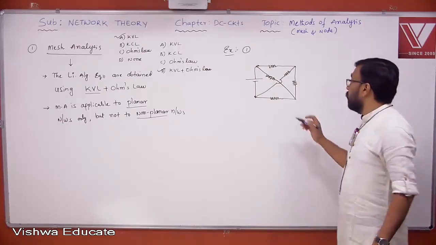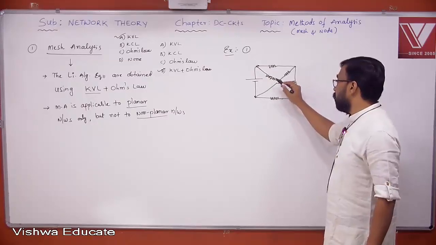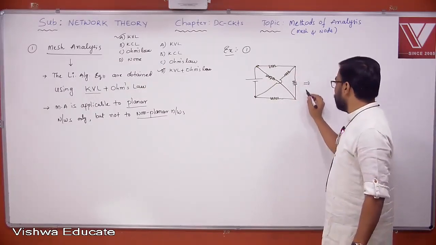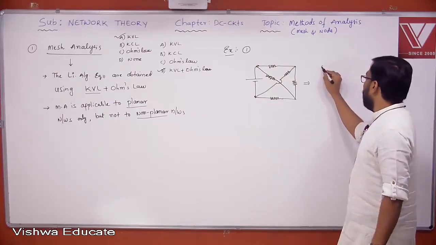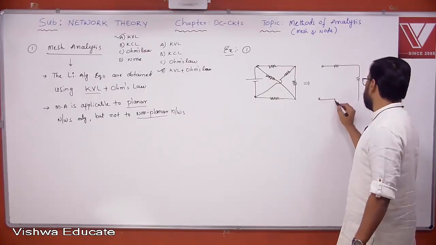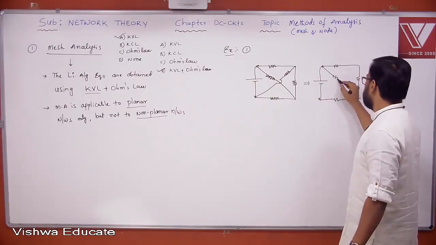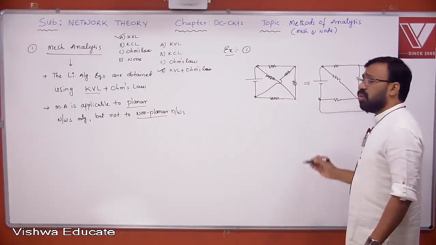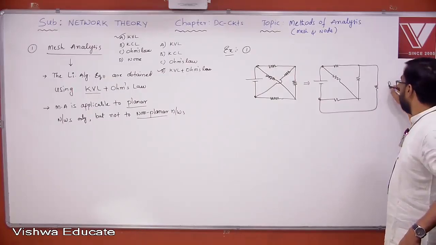Look at this. Now, this element is crossing over this element. But can I draw this element something like this? Yes, there is a possibility. When I draw this network again, reconstructing it, if the network doesn't have any crossover, then I can say it is a planar network.